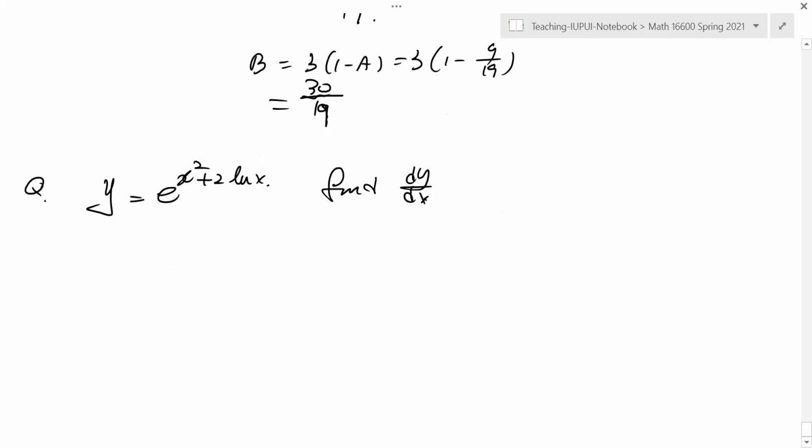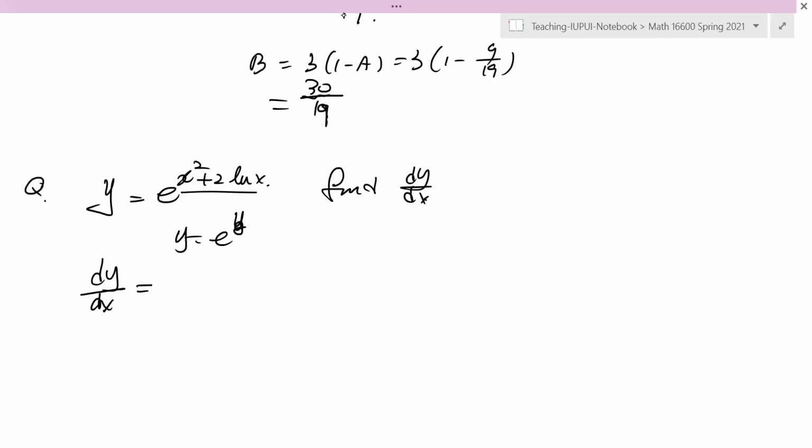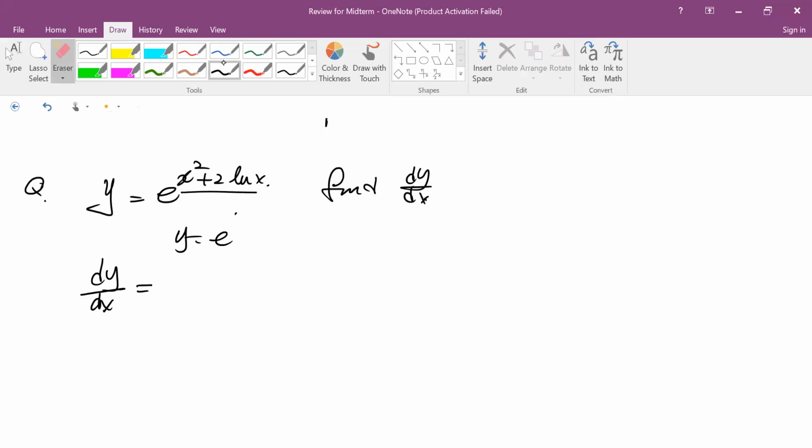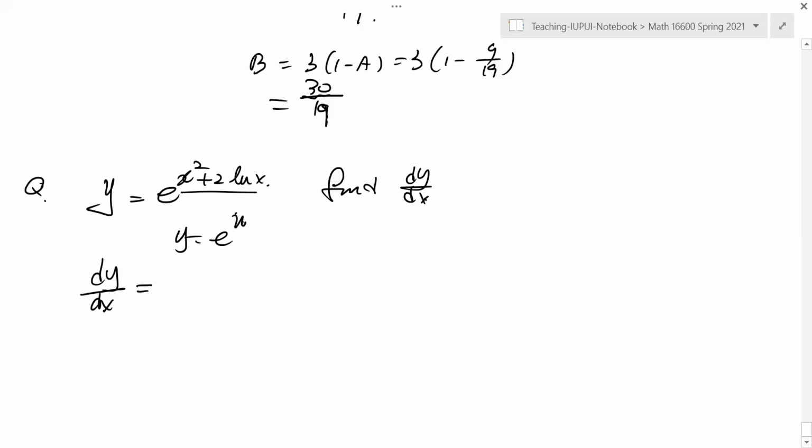So dy over dx, we just differentiate by the chain rule. This part, you can say y equals e to the u, and u is going to be x² + 2 ln x. So this is like dy over du times du over dx. That's the chain rule.